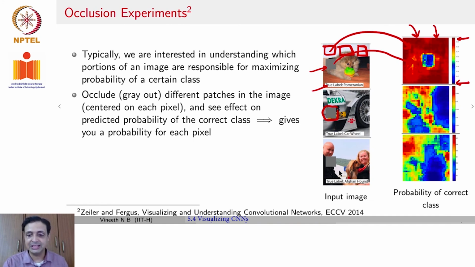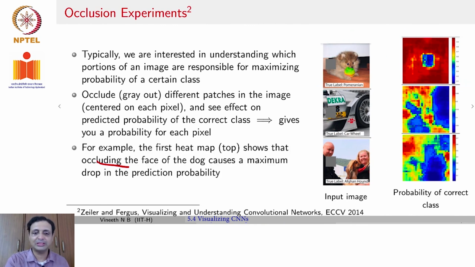You once again see that when the pixels corresponding to the dog are occluded by the gray patch, the probability for the Afghan hound drops low. This is even trickier because the model could have been biased or affected by the presence of those humans, but the model does well in this case. So occluding the face of the dog causes a maximum drop in the prediction probability.